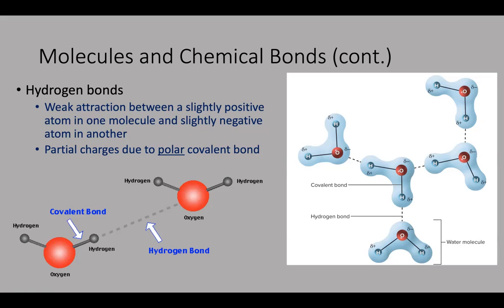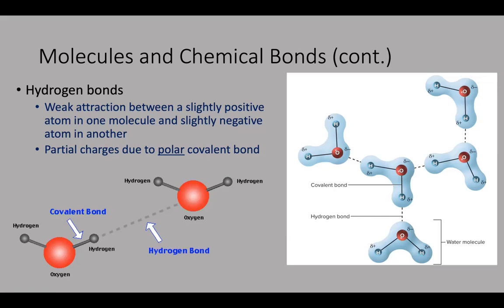Oxygen is sharing an electron with each hydrogen. So oxygen, because it holds onto those electrons more closely, is slightly negative. And then the other side of the molecule is slightly positive by default. So that's a polar covalent setup. So we have these negative and positive ends of a water molecule.